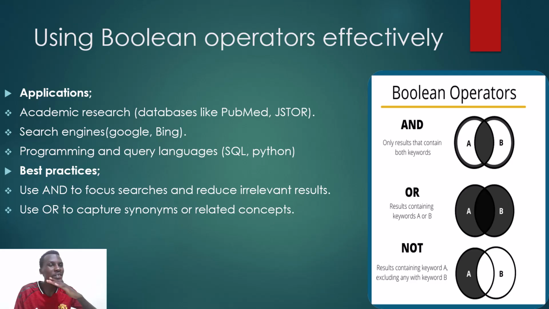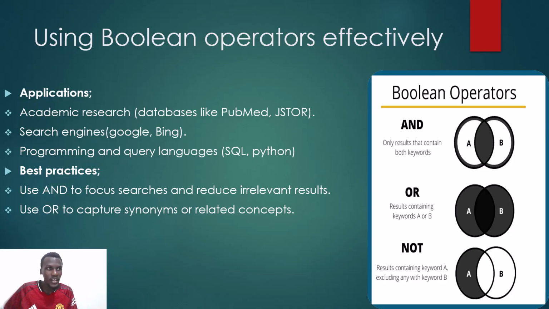They will only bring for you information that has both cats and dogs. And if you say cats NOT dogs, they only bring for information about cats, nothing else. And if you use cats OR dogs, they will bring for you everything: cats alone, dogs alone, then both cats and dogs. It helps you refine this data. It helps you bring it out better exactly how you want it, and it's very effective.